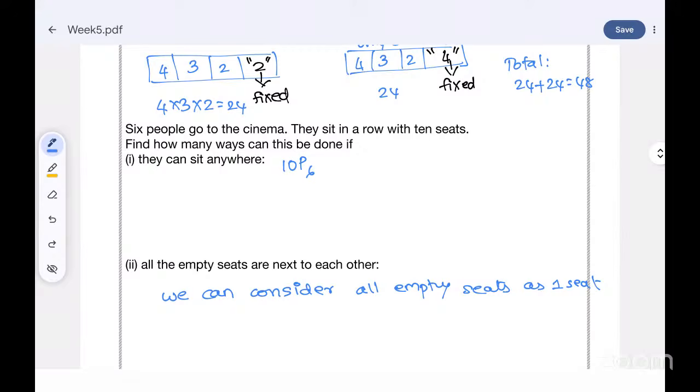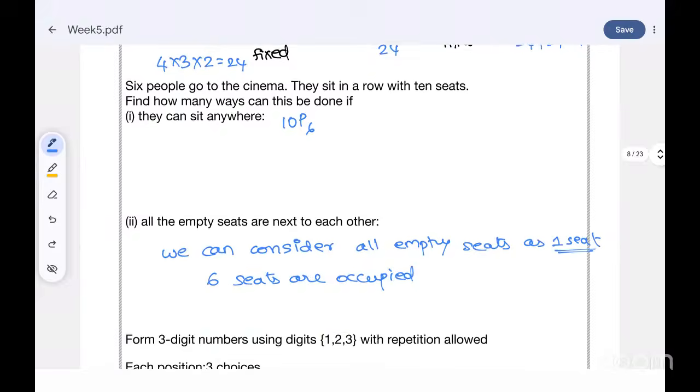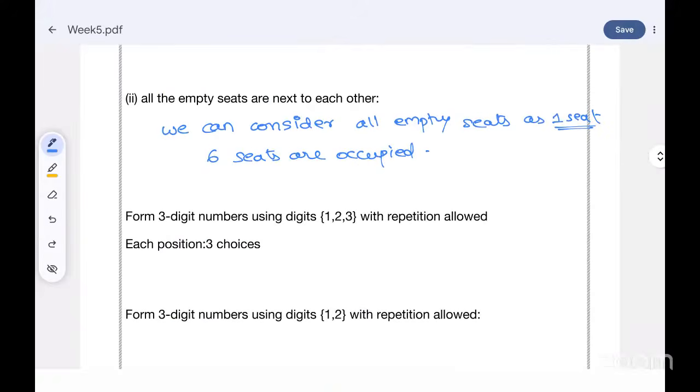So you see that all the empty seats are now one seat and 6 seats are occupied. So totally how many seats are there? Maybe instead of available, let's say the total seats is 7.